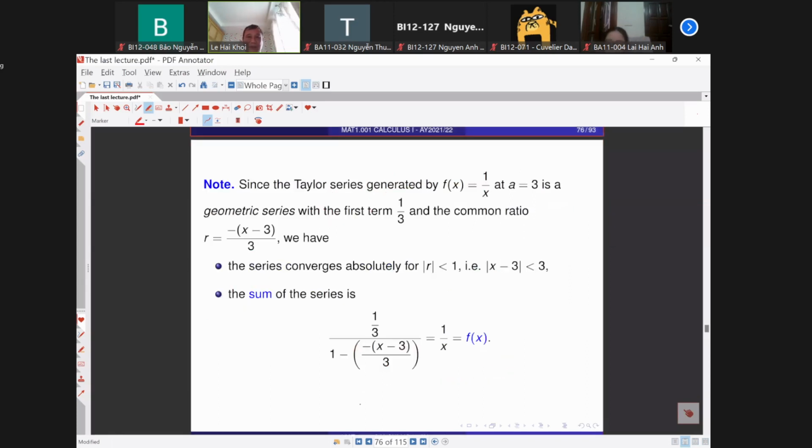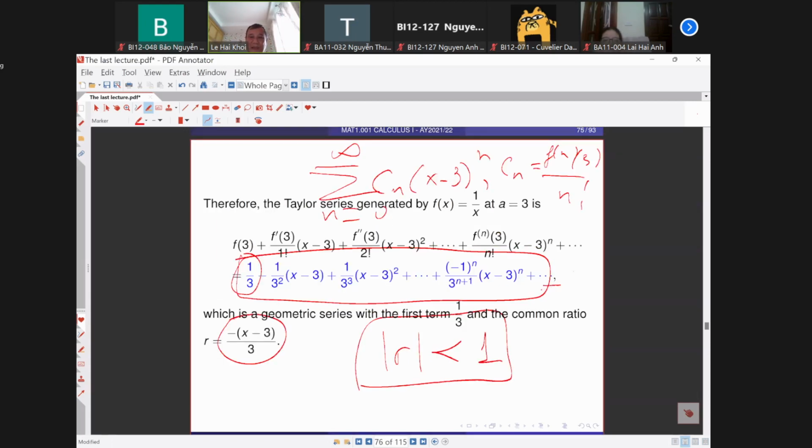Okay? So, see? Which means convergence of this geometric series here. And the sum is the first term over 1 minus the ratio, which is f(x). That is, you have the sum of this series is 1 over x.